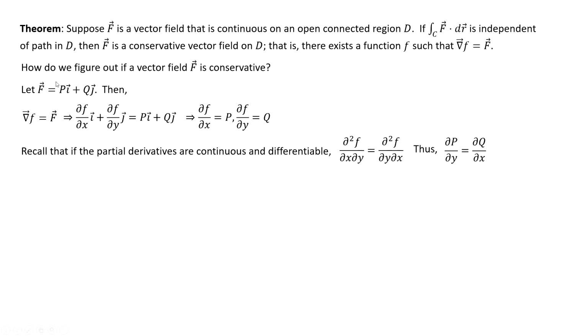If it turns out that you differentiate P partially with respect to y, and that turns out to be equal to partial Q with respect to x, then you can be confident that your vector field F is actually conservative. That's the key. So we will keep applying that test. And in fact, how do you test whether a first order differential equation is exact?